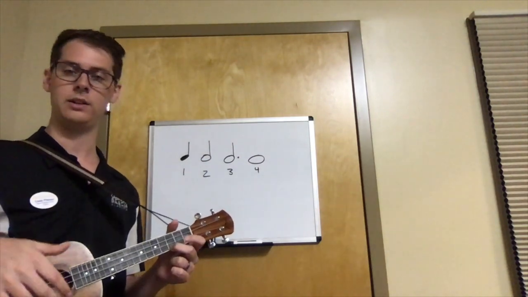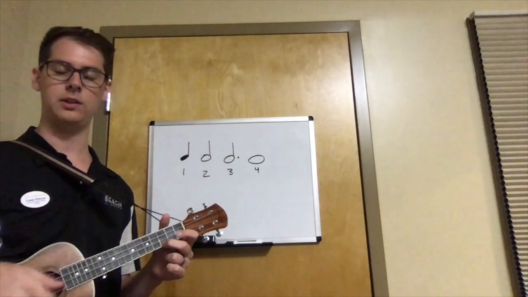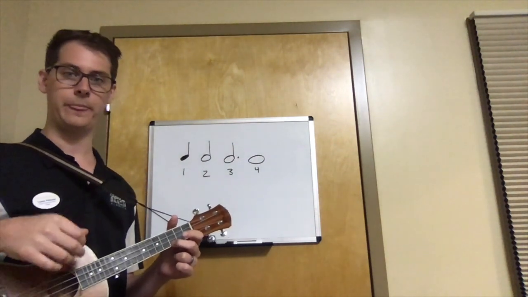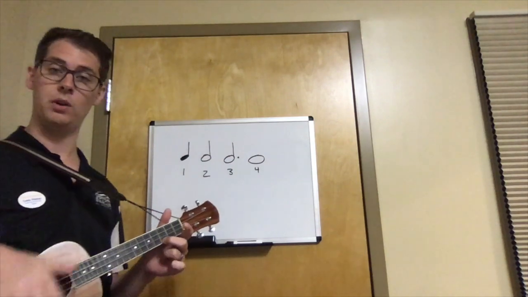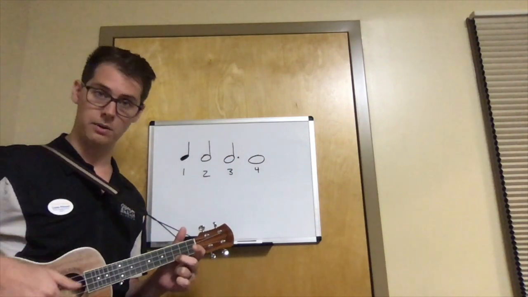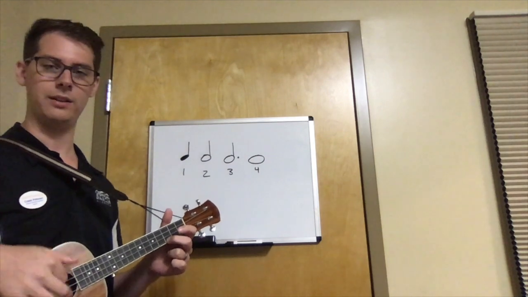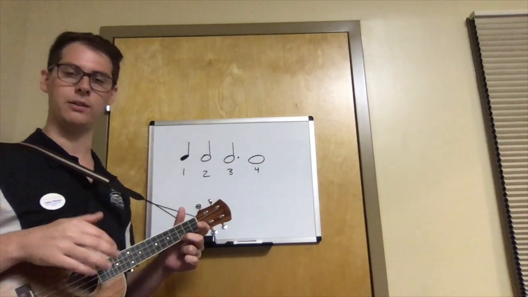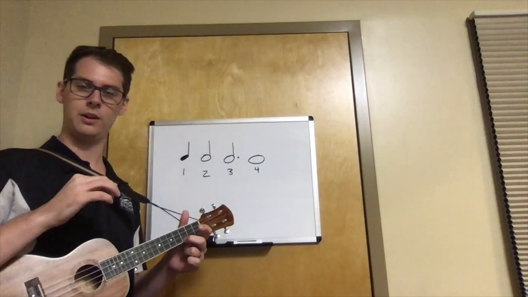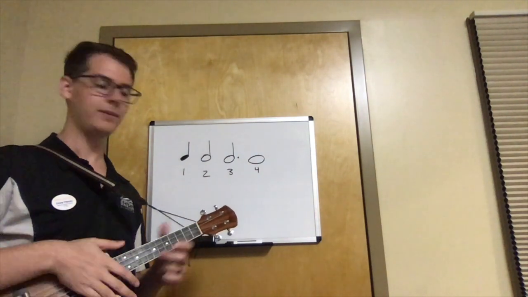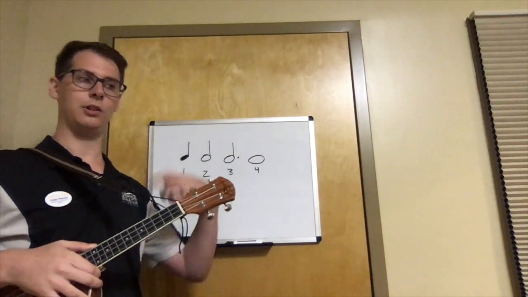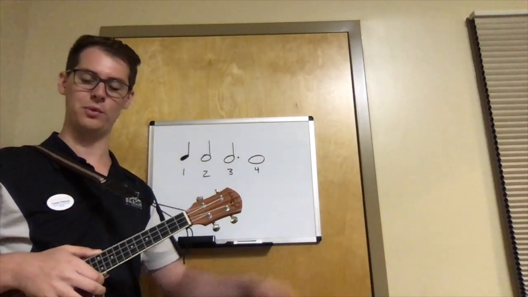So 1, 2, 1, 2, 1, 2, 1, 2. Dotted half note, 1, 2, 3. 1, 2, 3. And then lastly, our whole note, 1, 2, 3, 4. 1, 2, 3, 4. So the longer it is, the longer we have to hold out that note for.